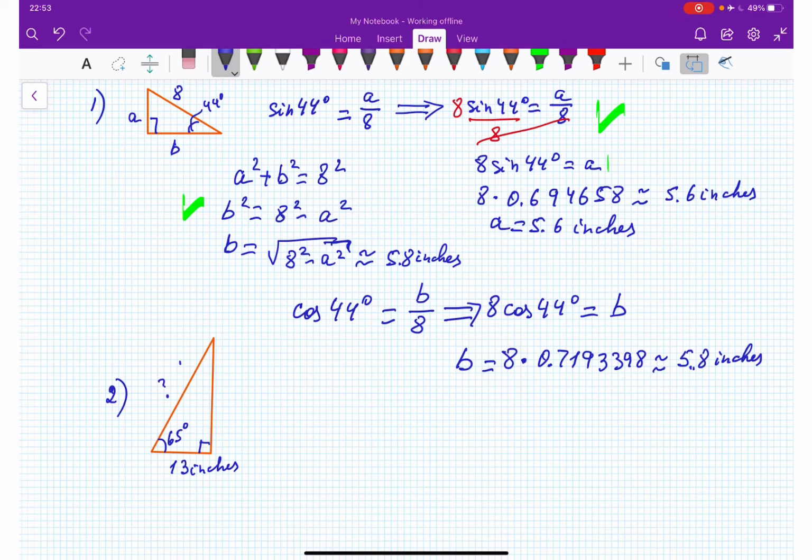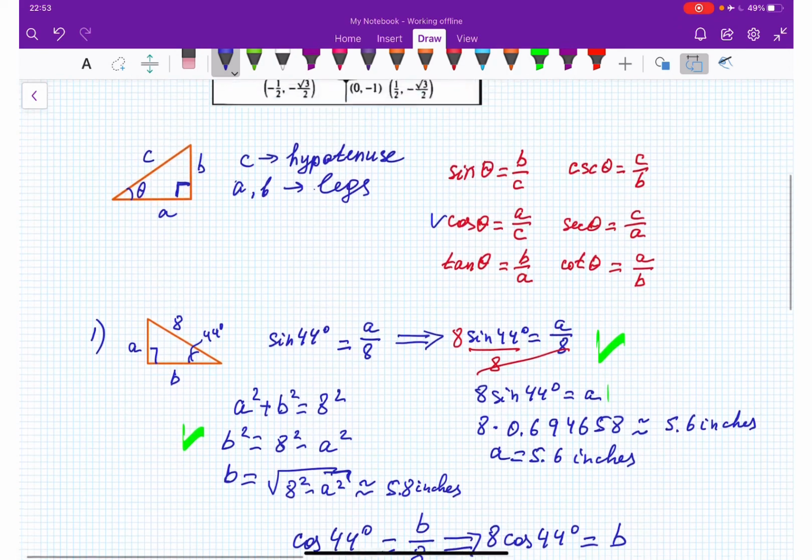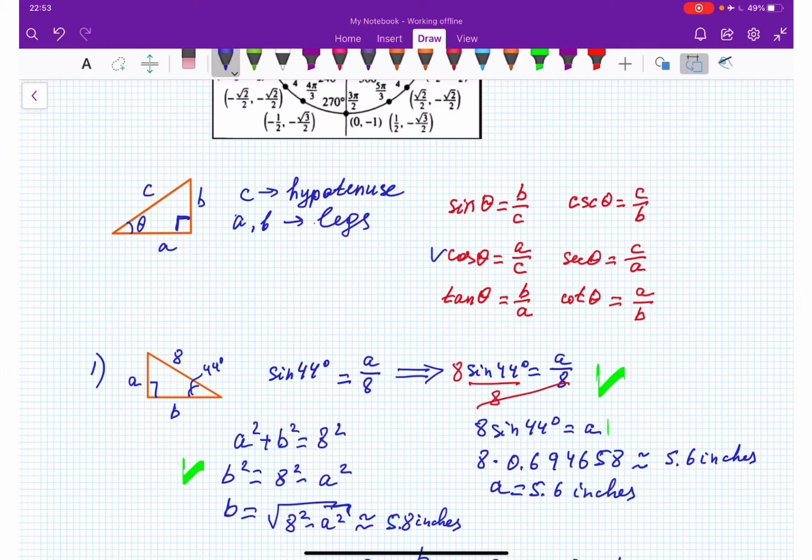We need to find the hypotenuse, C. Since I have the adjacent leg, then I can use cosine, right? Because cosine is equal to the adjacent leg over the hypotenuse, correct?